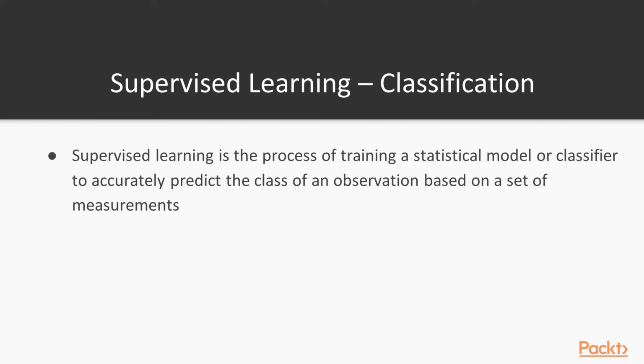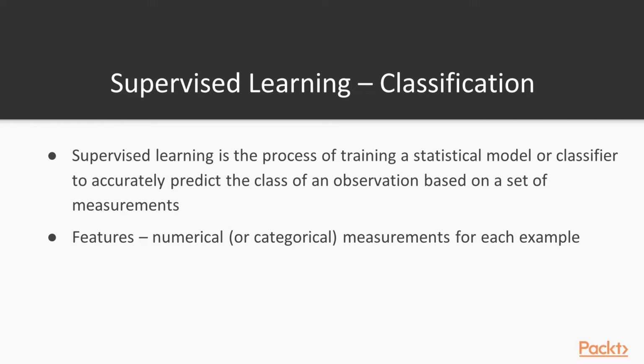Let's begin with a definition of supervised learning. Supervised learning is the process of training a statistical model, also known as a classifier, to accurately predict the class of an observation based on a set of measurements. There's a few key terms in here that have very specific definitions within supervised learning.